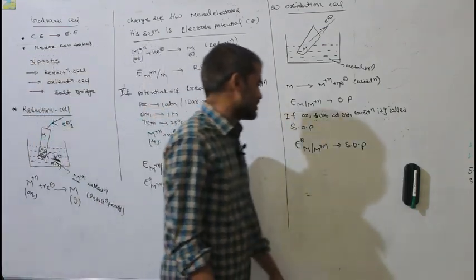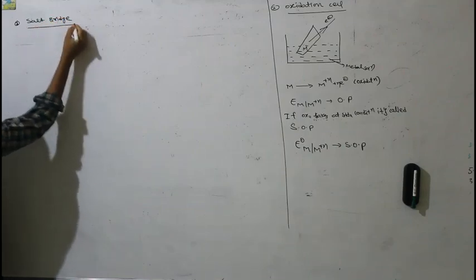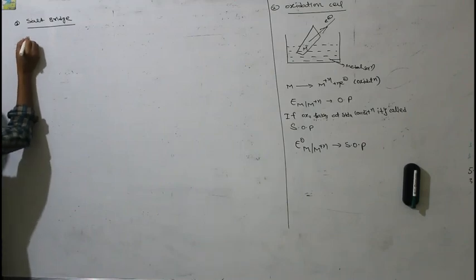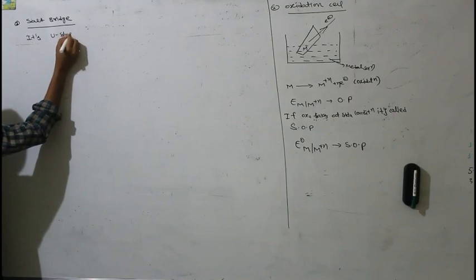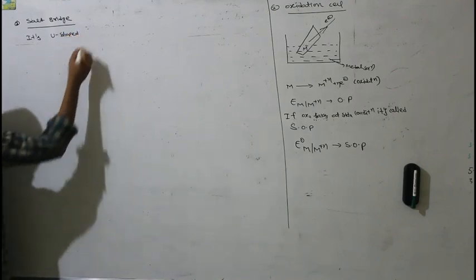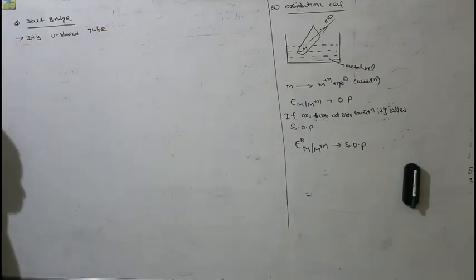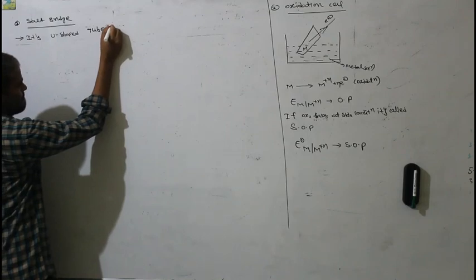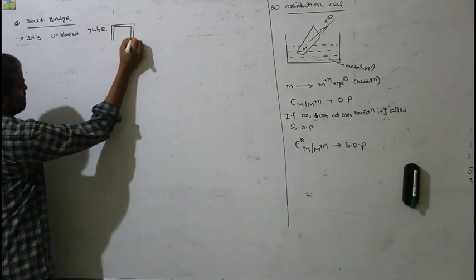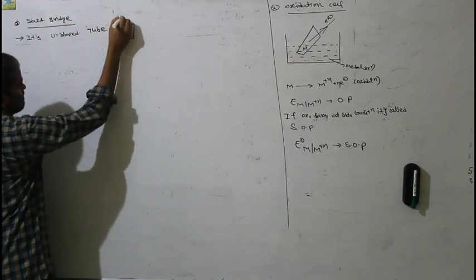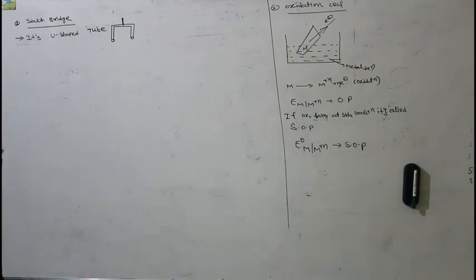Next one, salt bridge. It is a U-shaped tube, like this, an inverted U-shaped tube.